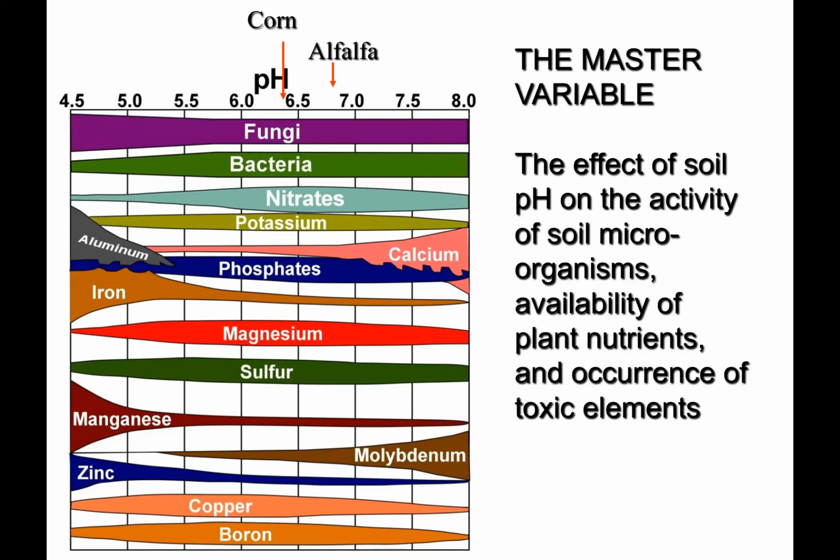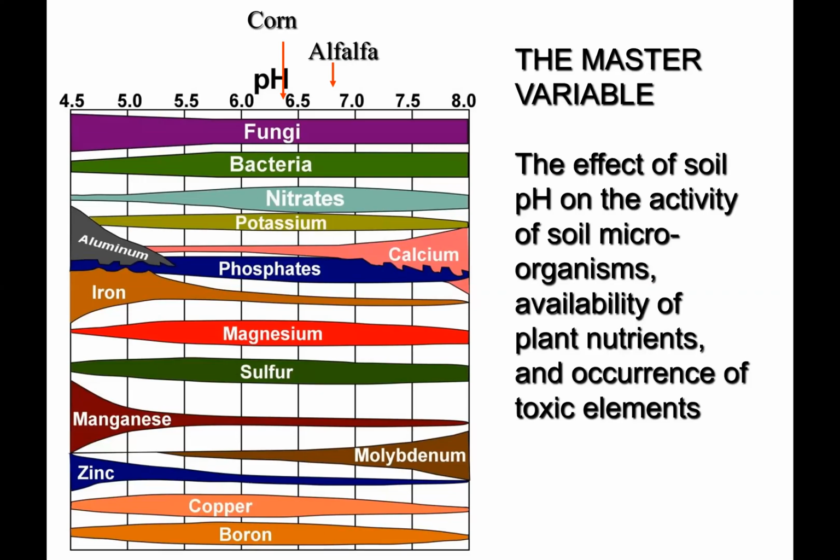Zinc is a micronutrient. It's needed in small amounts, and you can see we have a very thin bar there, but we don't need much of it. So we're in pretty good shape with our macronutrients and these micronutrients. That mid-6 range is a good place to be.